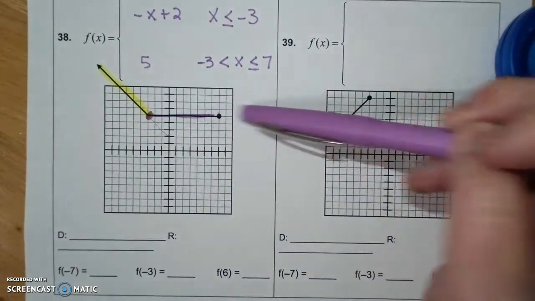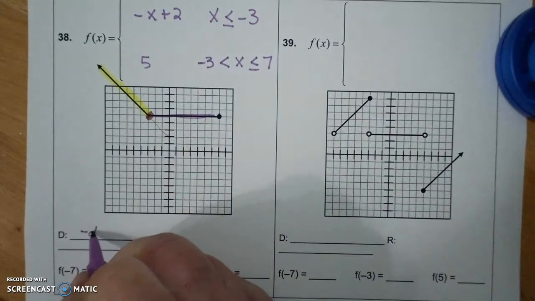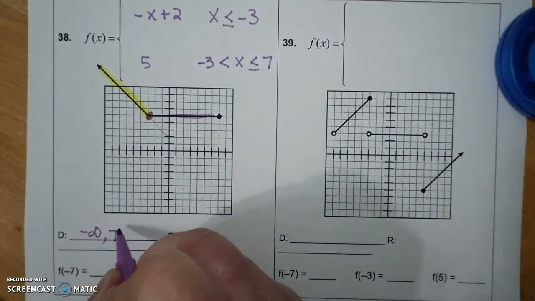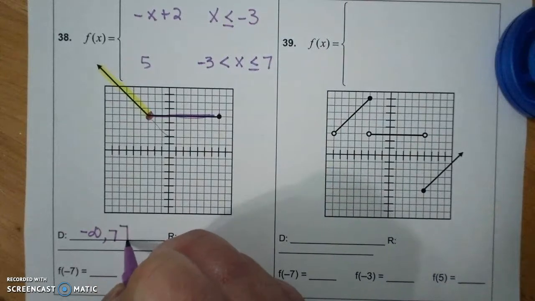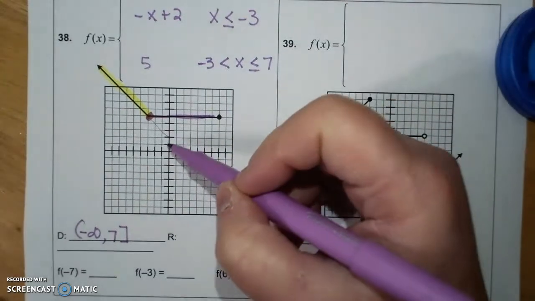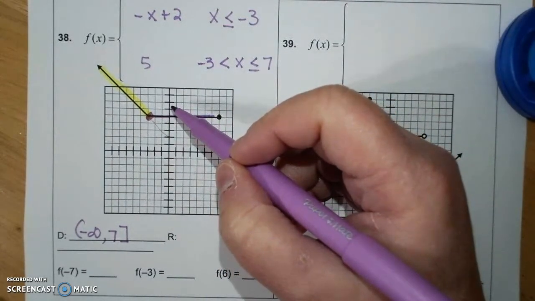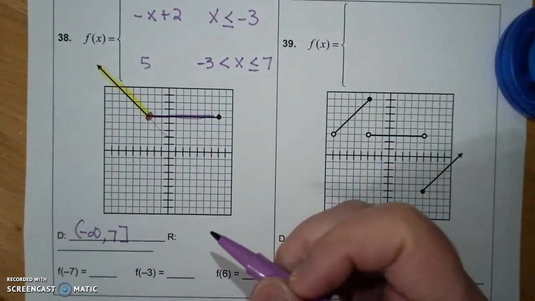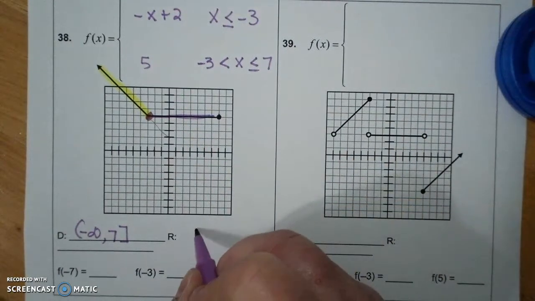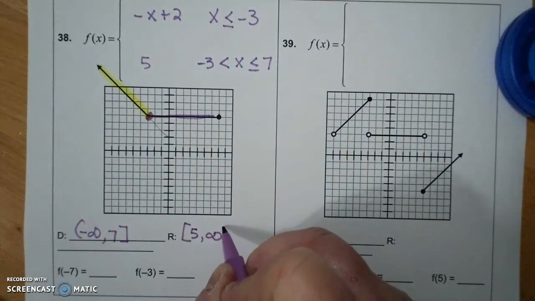So nothing went to the right of 7, but it went on and on to the left, so it's -infinity to 7, with a bracket in there. Range is 5 and above. So range is 5 to positive infinity.